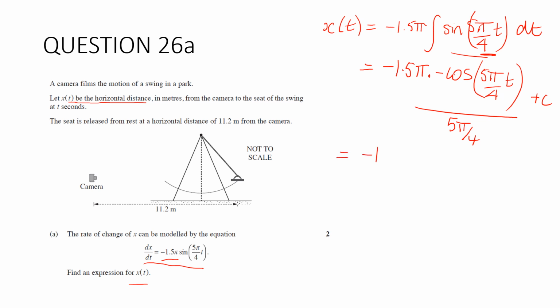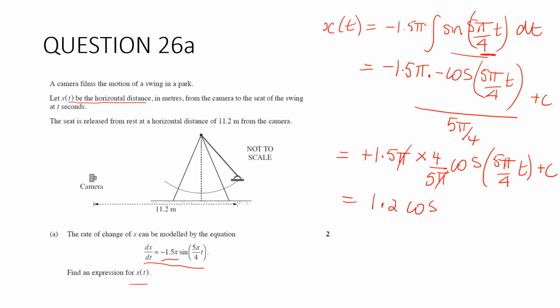Equals negative 1.5 pi times 4 over 5 pi, and we've got negative cos, so that can become a plus cos 5 pi on 4t plus c. That cancels. I got 1.5 times 4/5, and that's equal to 1.2 cos 5 pi on 4t plus c.